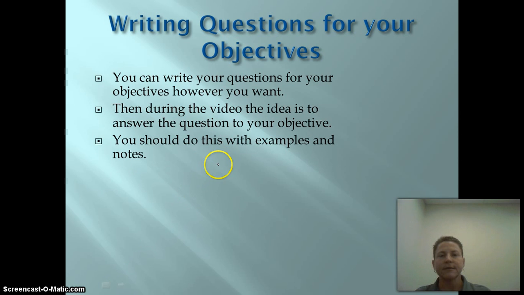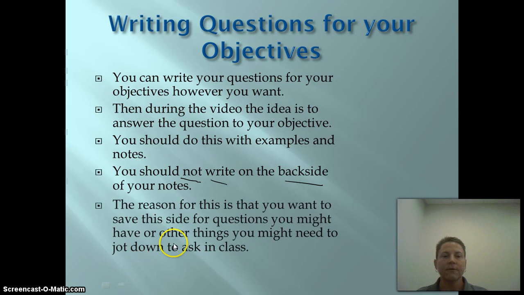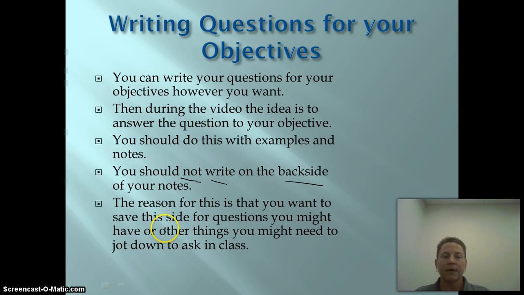You should do this with examples and notes. You should never write on the back of your notes, because your notes are going to be a great way to study for exams. And if you write on the back, it's really hard for me to grade them. On the back, you can write other things down that you might want to ask me the next day in class.